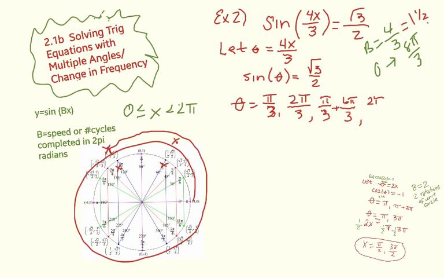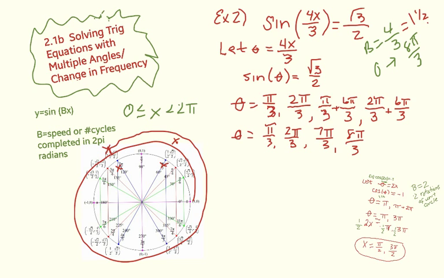So my fourth angle here is going to be 2 pi over 3 plus 2 pi, the coterminal angle that goes with it. So we do some simplifying here. I get that theta is pi over 3, 2 pi over 3, 7 pi over 3, and 8 pi over 3.